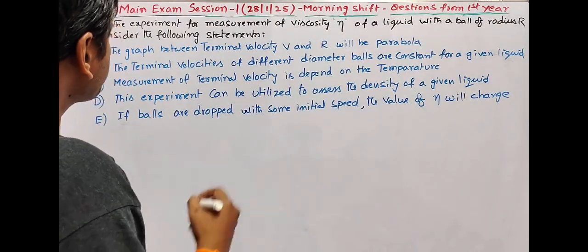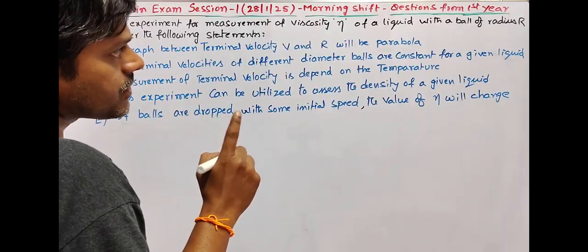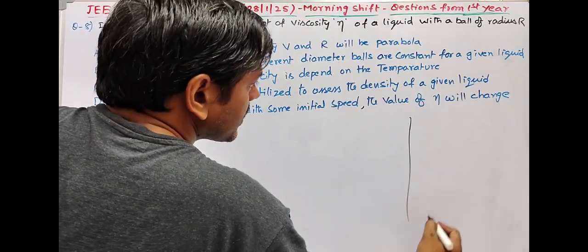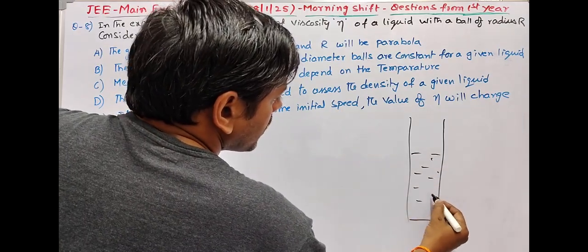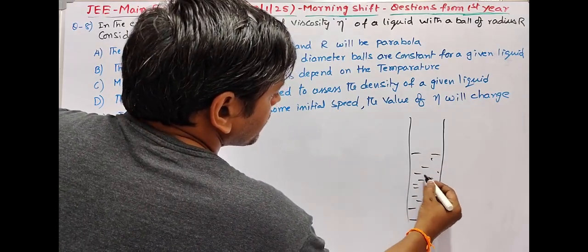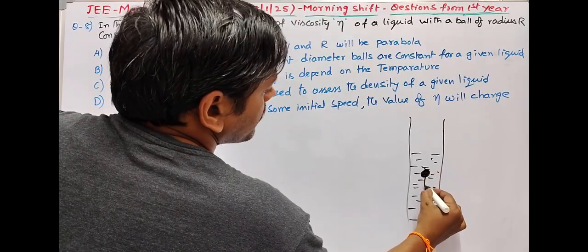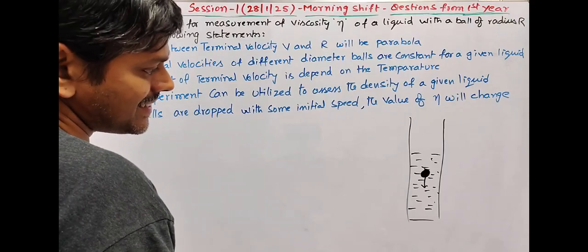To calculate the coefficient of viscosity of a liquid, a ball is dropped in a vessel containing the liquid whose coefficient of viscosity is to be calculated. You get an equation by using Stokes law. This is a ball dropped into this liquid of coefficient of viscosity eta.